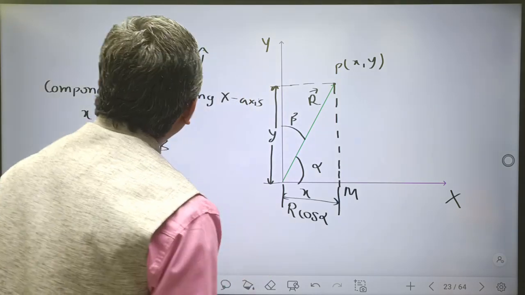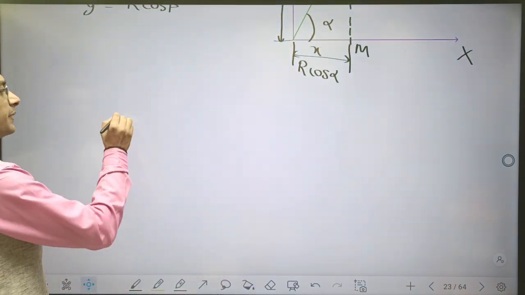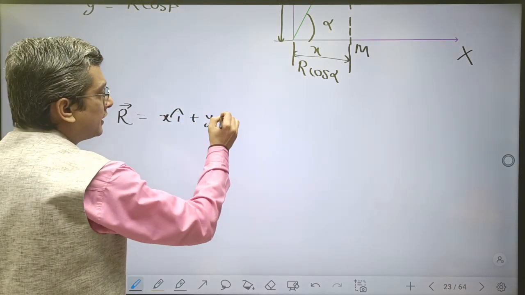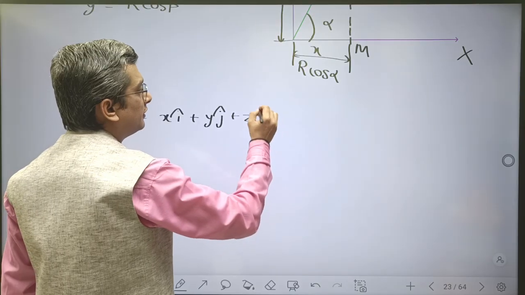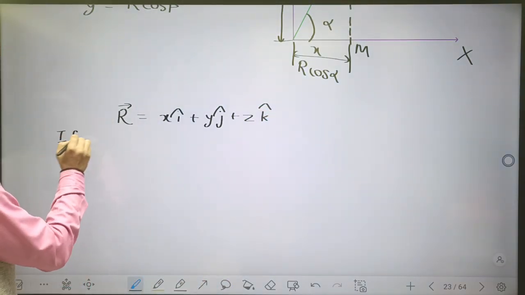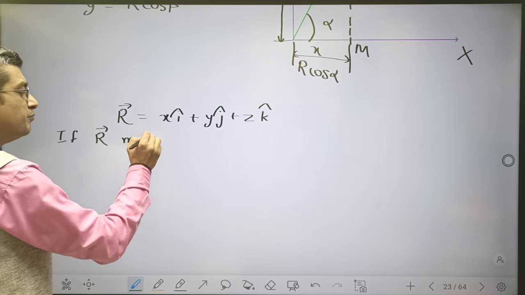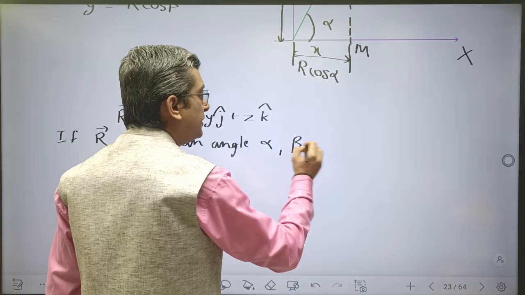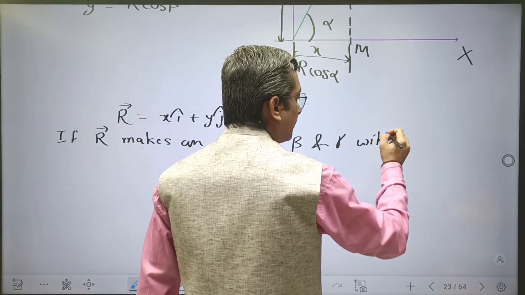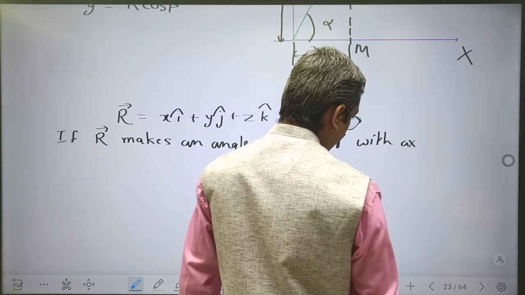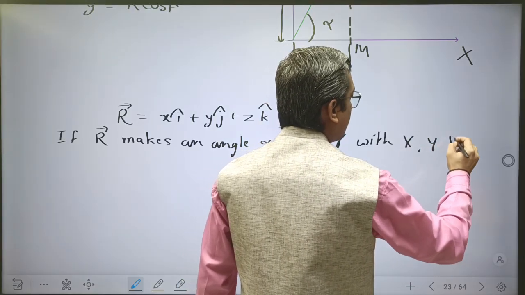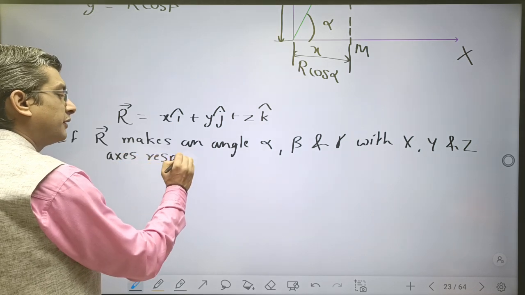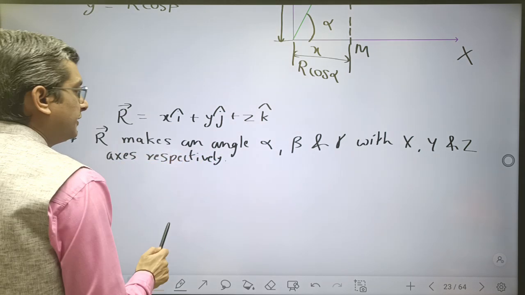Now suppose we have a vector r such that r vector is equal to x i cap plus y j cap plus z k cap. And if vector r makes angles alpha, beta and gamma with the x, y and z axis respectively, then it's very simple.